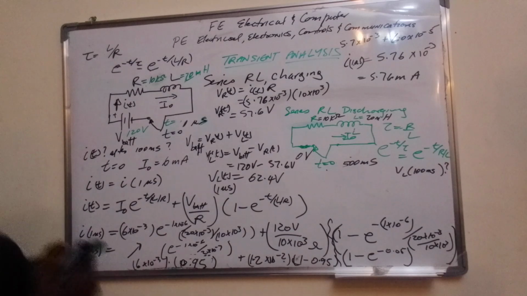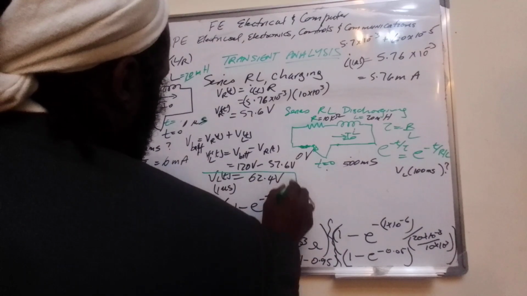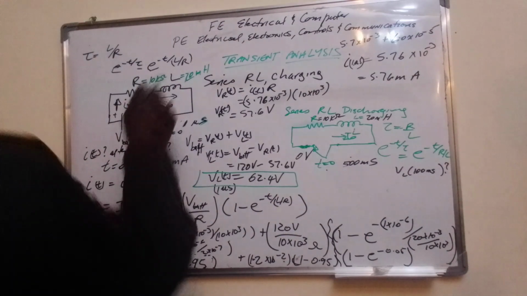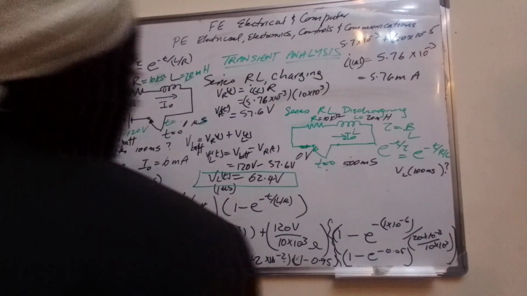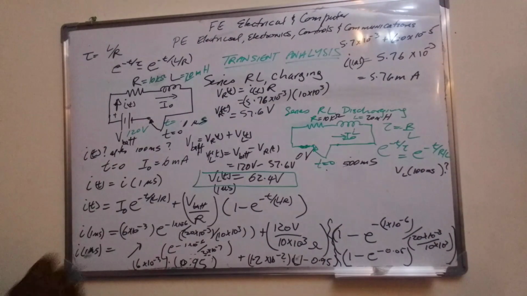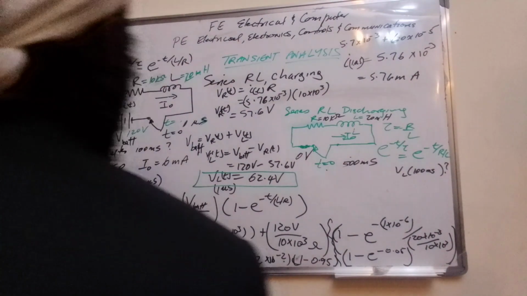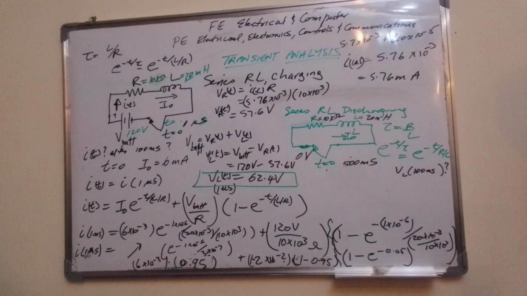So 62.4 volts will be across the inductor after 1 microsecond, given an initial current of 6 milliamps, right? So VL and we have VR.